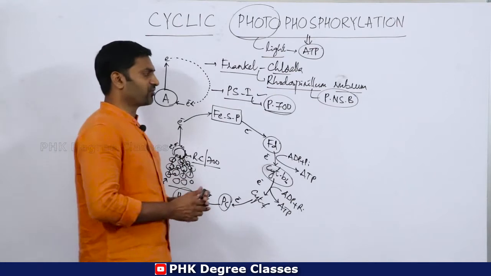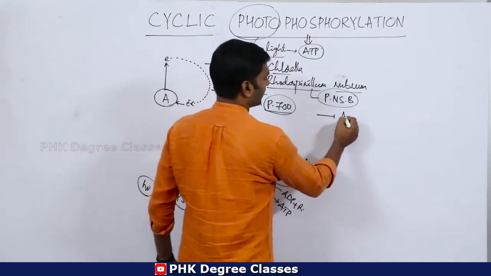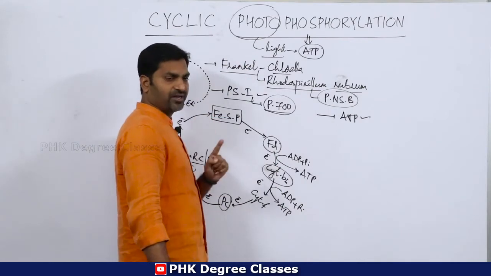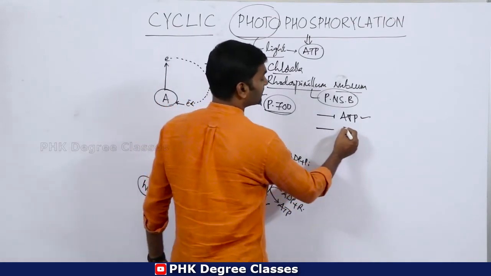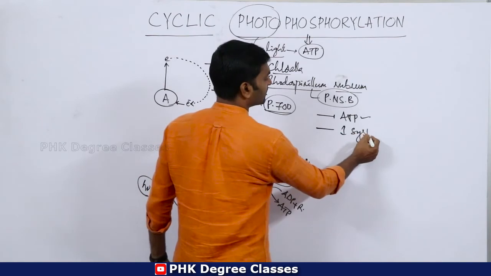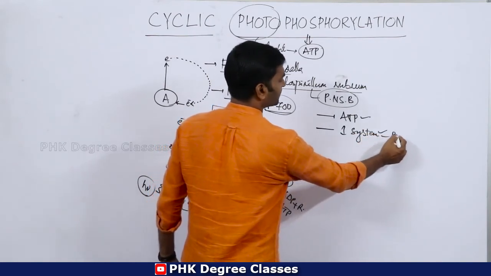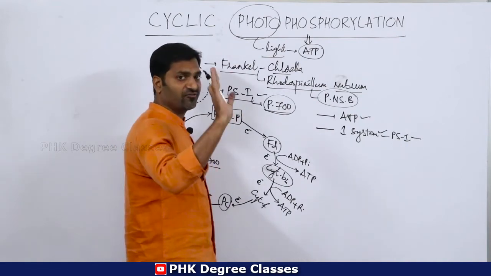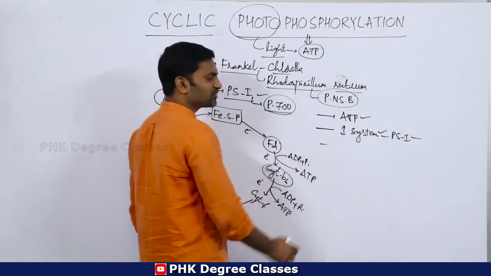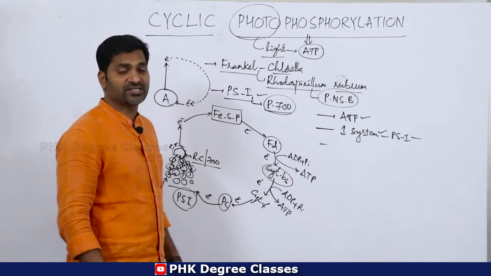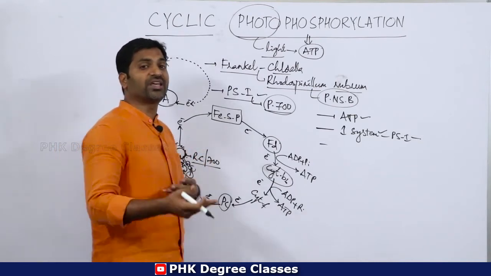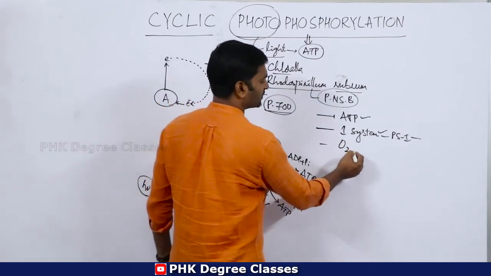Clear? Remember, only ATPs are formed in cyclic photophosphorylation. Only one system is involved, that is PS1. There is no involvement of PS2. If there is no involvement of PS2, there is no OEC, the oxygen evolving complex, so there is no formation of oxygen.